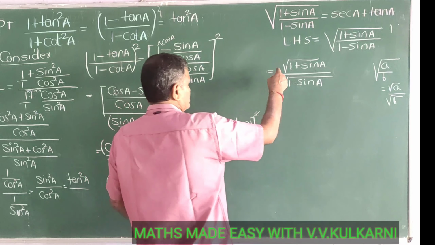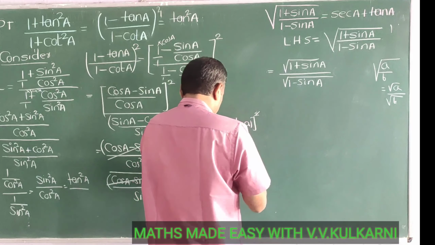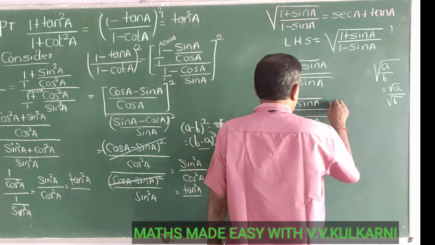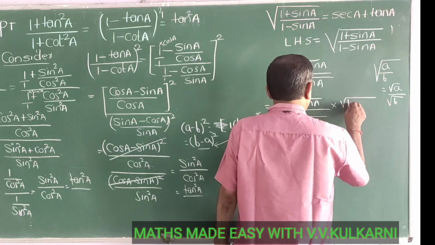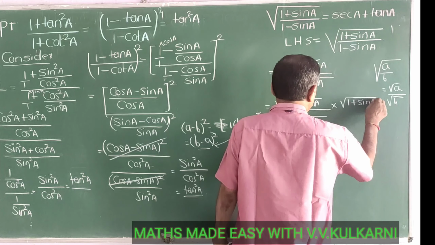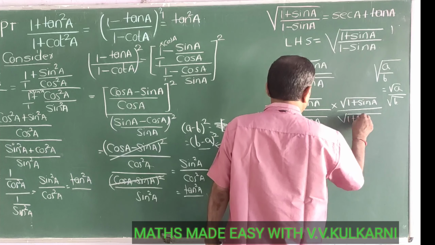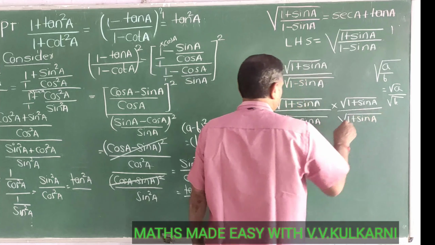Now under root 1 plus sin a by under root 1 minus sin a. This under root 1 minus sin a, I can write it as 1 plus sin a, and this under root 1 plus sin a.